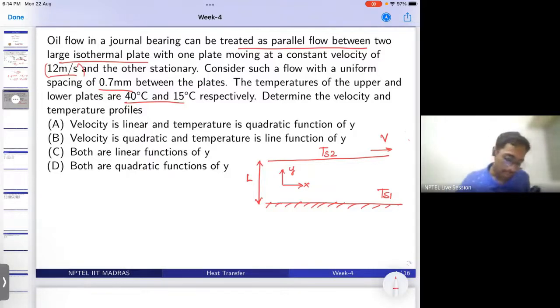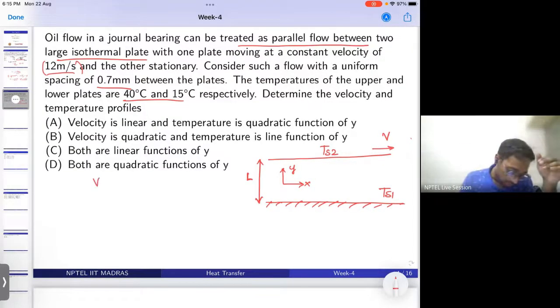We can approximate this as a 2D system, as we are assuming that the z direction is very large, so there is no variation along that direction. Also, as it is a flow between parallel plates, there will not be any v component of velocity.